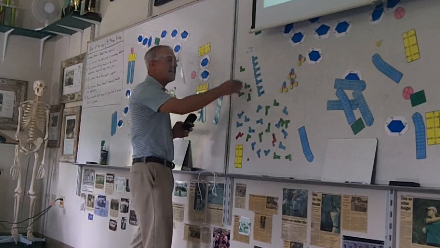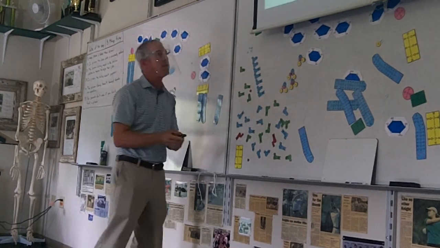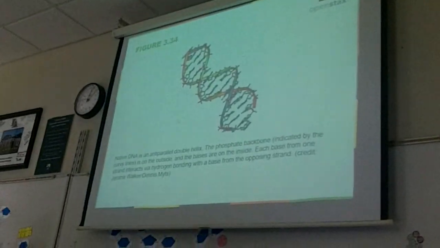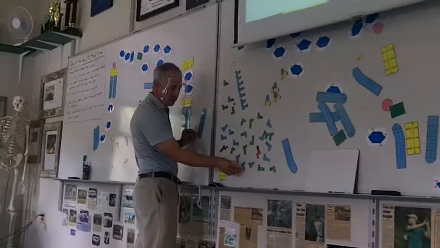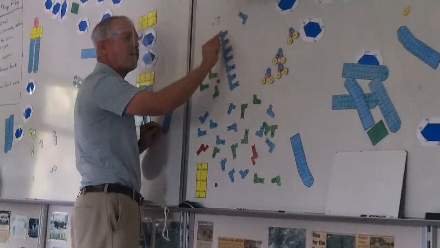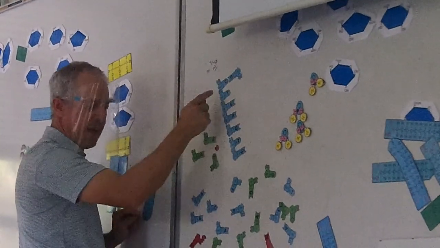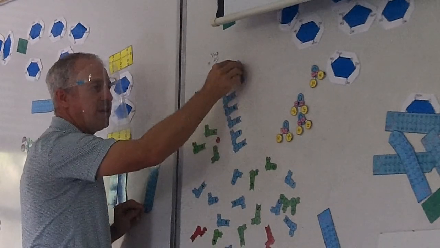And what will happen is, these will bond together on one side of your DNA molecule. Let's take a look at the DNA molecule. There it is. Beautiful molecule. On the other side, everywhere there's a C, a G will bond to it. Everywhere there's a T, an A will bond to it.